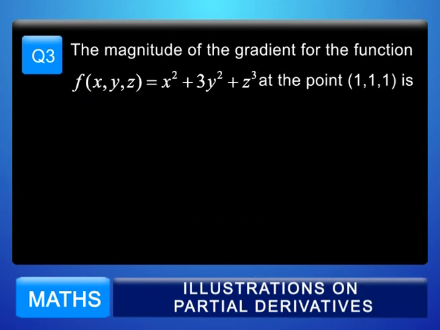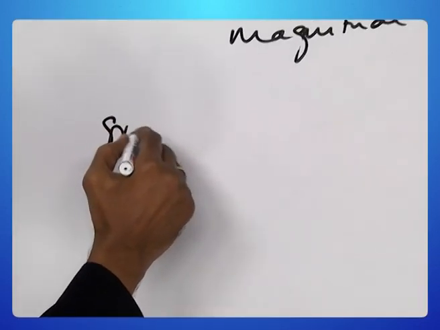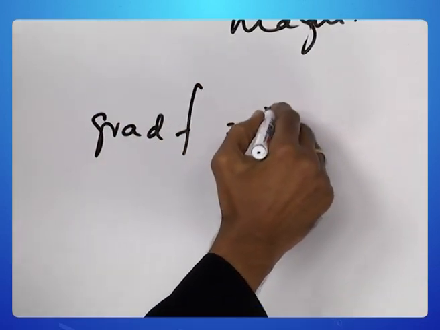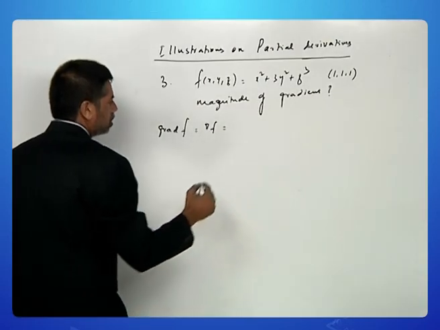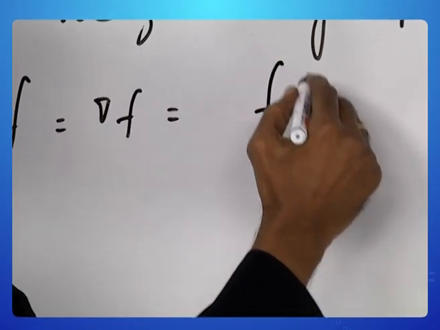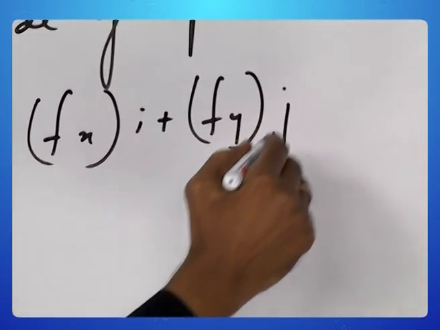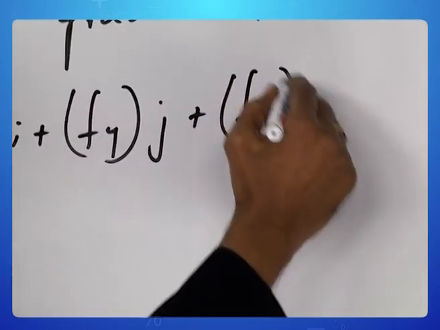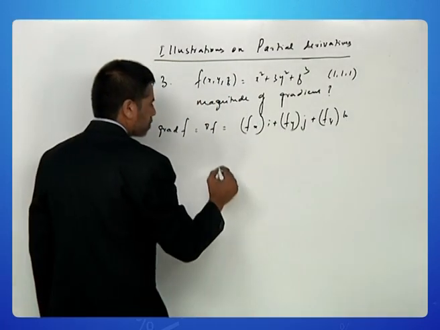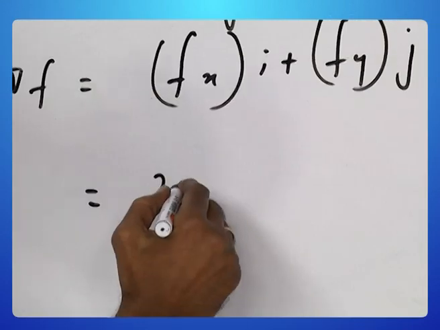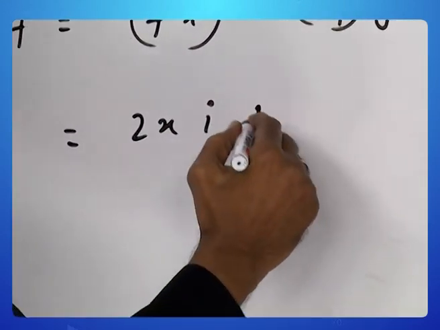Question number 3. The magnitude of the gradient for the function f of xyz is equal to x square plus 3y squared plus z cube at the point (1, 1, 1) is. So grad f, also written as del f, is equal to dou f by dou x into i plus dou f by dou y into j plus dou f by dou z into k. Dou f by dou x is 2x, so therefore 2x i.